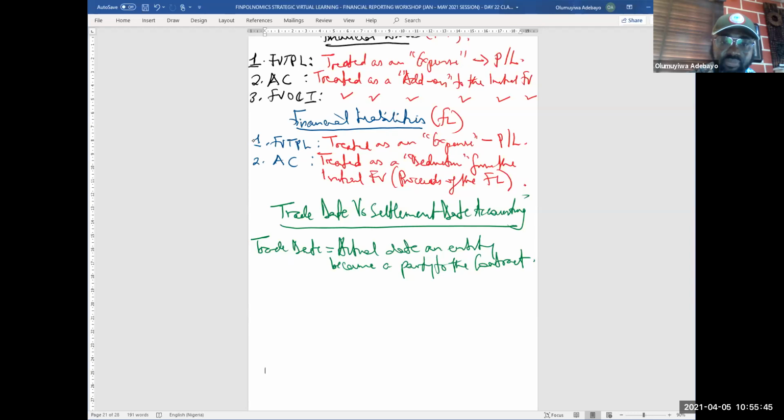But by the nature of most financial instruments, that is not when the instrument is delivered.